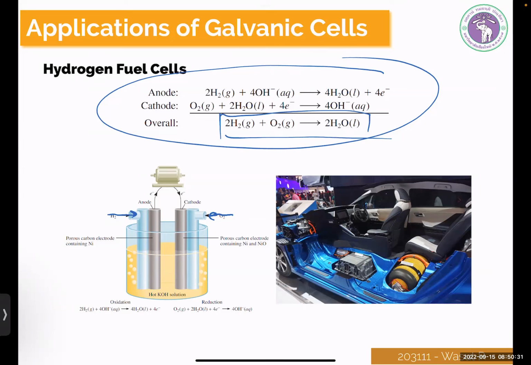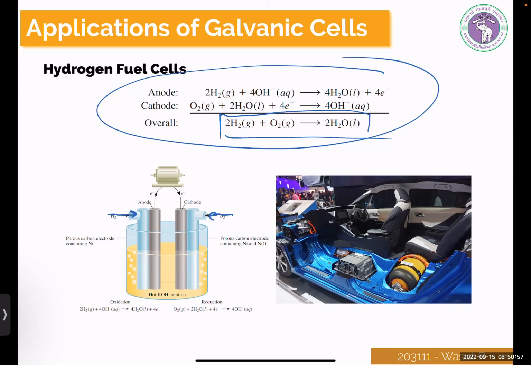The applications of hydrogen fuel cells are also in the automotive industry, where we use this in some types of cars as well. You fill in hydrogen, and the fuel cell reactor reacts the hydrogen with the oxygen inside and produces the electricity that we use to drive the motor of the car.